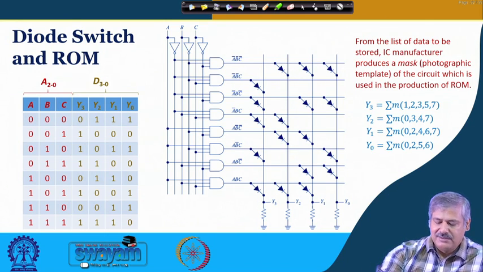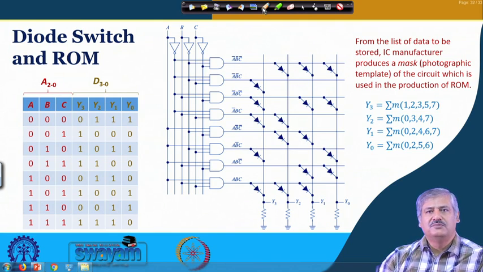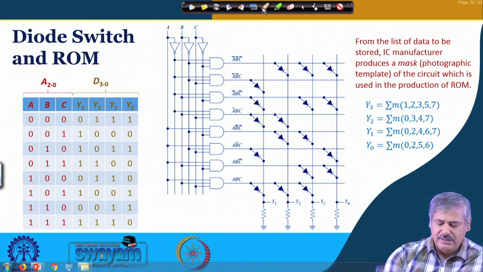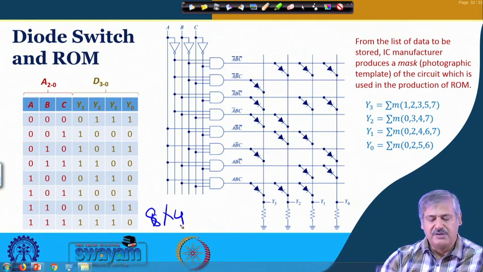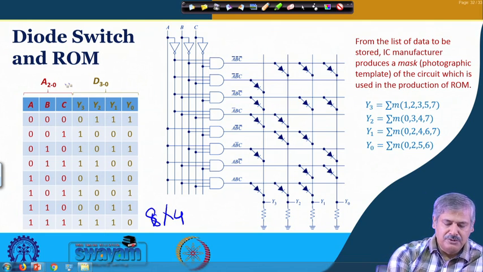We look at another such thing where this is an 8 cross 4 ROM that we are interested in. Okay. So A2, A1, A0 are my address bits.